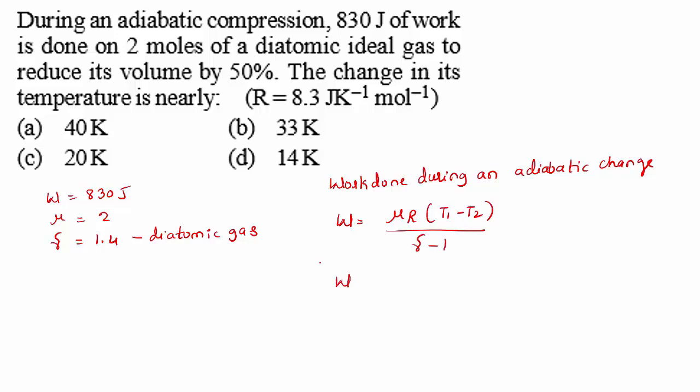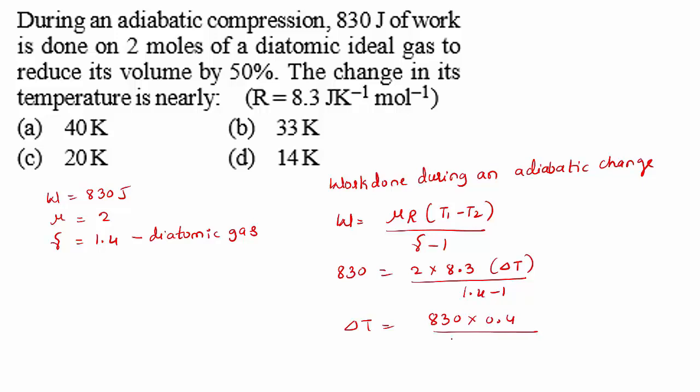W is already given, so substitute the values. 830 is equal to 2 into 8.3 into delta T, which we have to calculate, that is the change in temperature, divided by 1.4 minus 1. So delta T equal to 830 into 0.4 divided by 2 into 8.3. Calculating these values, we get the final answer. The change in temperature we got is 20 Kelvin. So the change in temperature is nearly equal to 20 Kelvin, that is option C.